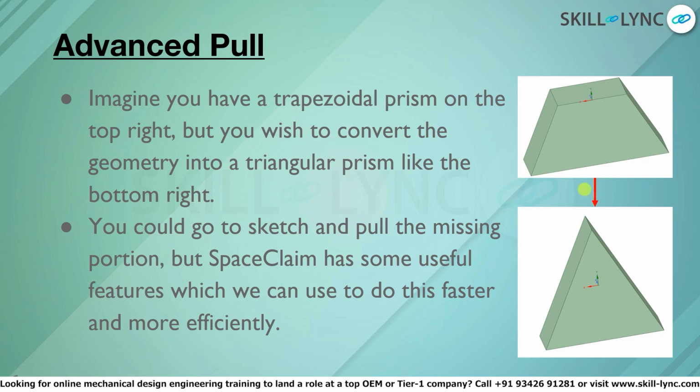Pretty much that means you need to complete the top section of the triangle. Obviously, you can do this through sketching and adding material using some of the basic tools that we've covered, but I will show you the advanced pull option, which should make your life that much easier. Let's see how we can do this.